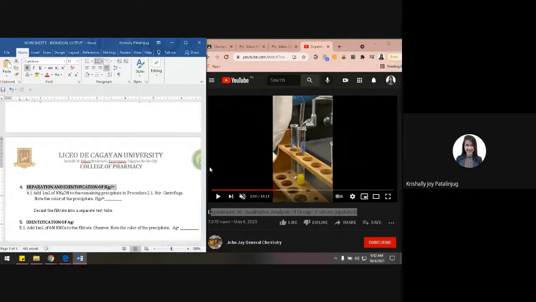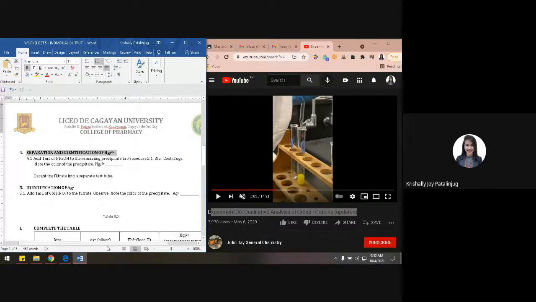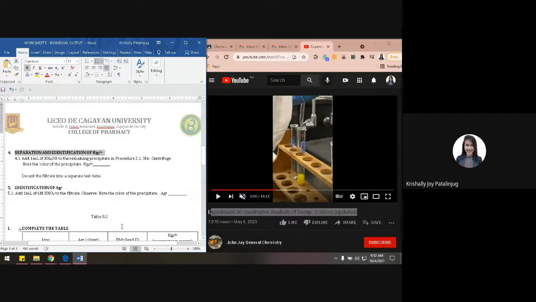Next. Okay, from the original test tube, mula sa unang test tube na ginamit natin, di ba meron pang precipitate na nandoon? Si silver chloride tsaka si mercury chloride. So this time, separation and identification of the mercury ion.